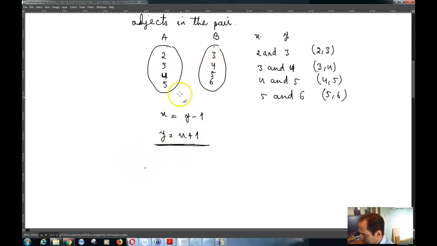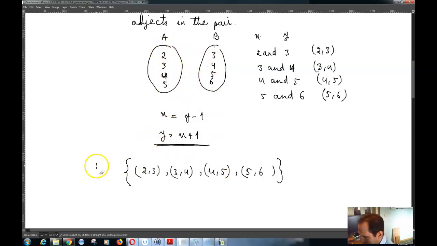Any name would do at this point. For example, 2, 3, 3, 4, 4, 5, and 5, 6. And since this is some relation between these objects in some specific order, I call it R, for example, basically a set of pairs that have been chosen from these two sets.